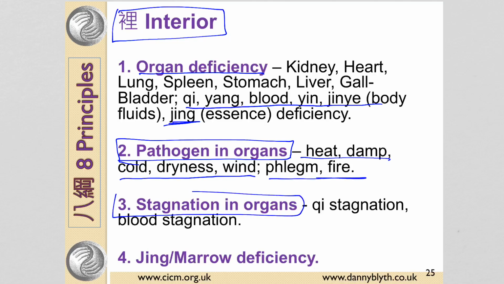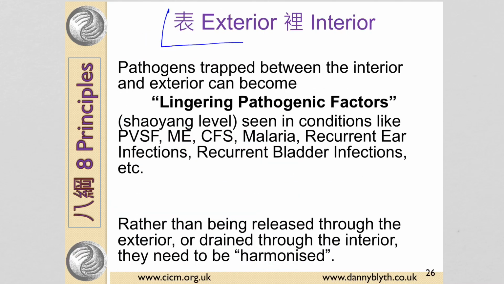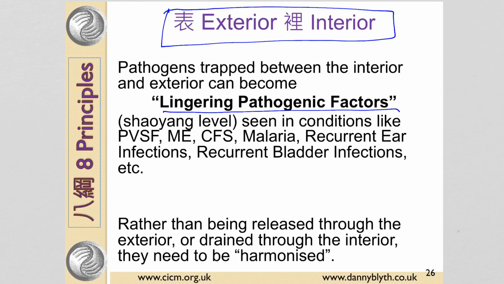Stagnation in the organs of qi or blood, and jing or marrow deficiency are all interior problems. Pathogens can be lodged between the interior and the exterior, and they can become lingering pathogenic factors seen at the Xiaoyang level. So we see this in conditions like ME and malaria and recurrent infections.